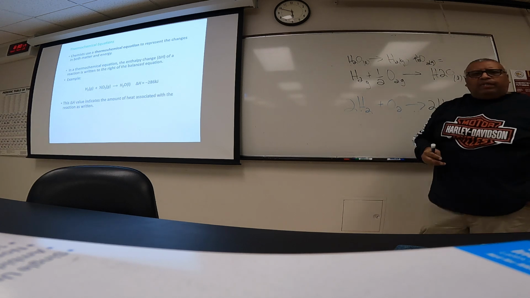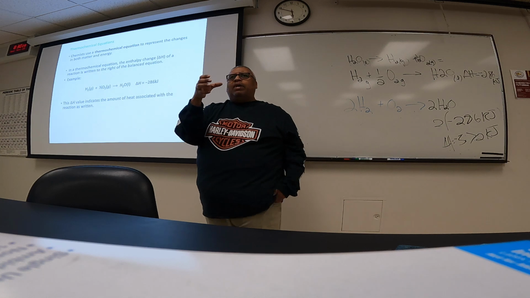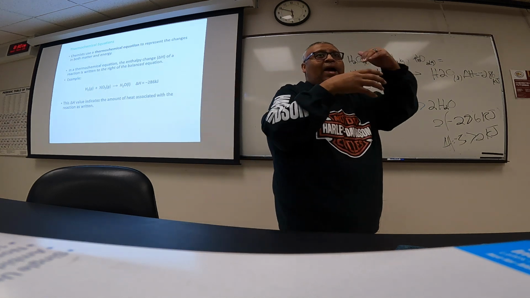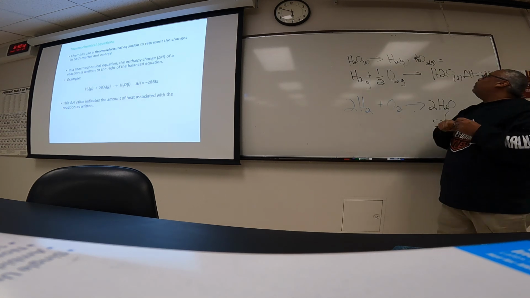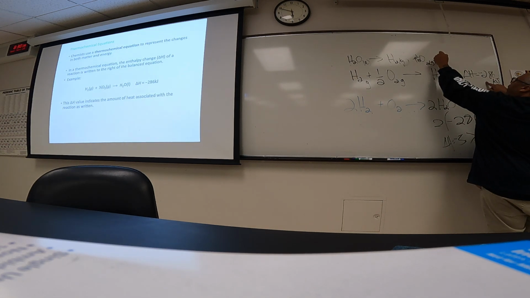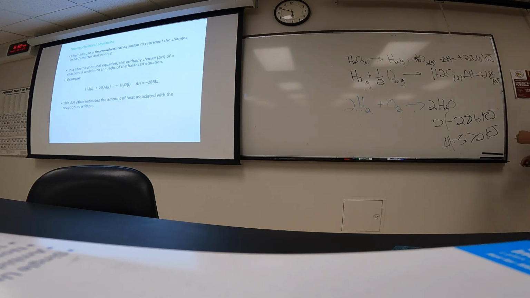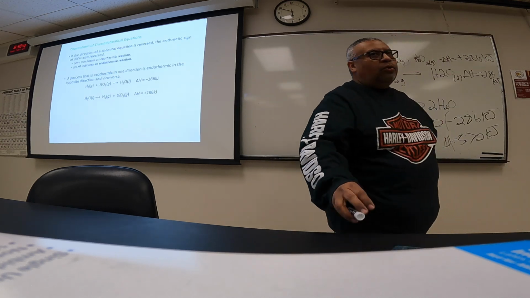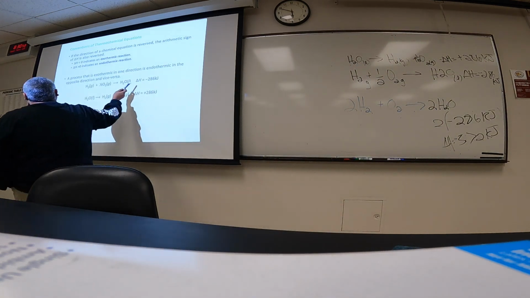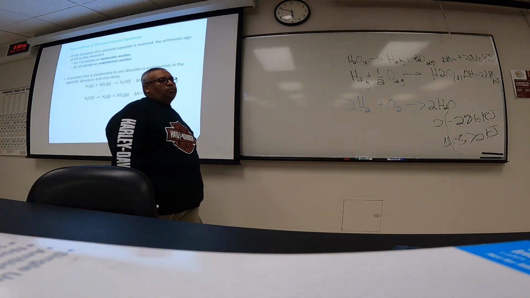In order for us to go from liquid to gas, if I had a beaker of water and I wanted to evaporate it, what do we have to do? We have to heat that up. We have to add heat to it. We have to add energy to it. So this now has to absorb energy, and our change in enthalpy would equal a positive 286 kilojoules. So if we reverse those reactions, it's exothermic in one direction, and if we reverse that, it's going to be endothermic in the opposite direction.